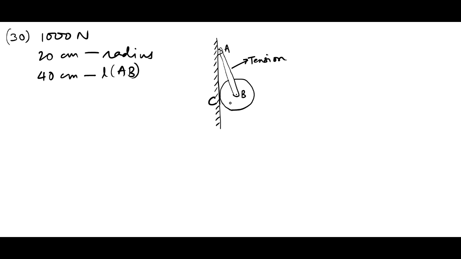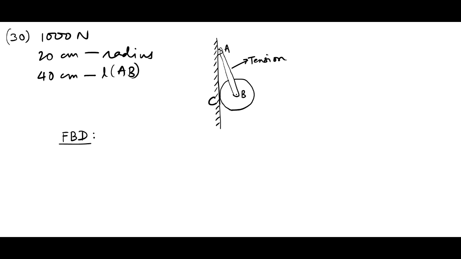Now as usual, we begin by drawing the free body diagram of some part of the system. In this case, it could be the free body diagram of the entire system consisting of the roller and the rod taken together.